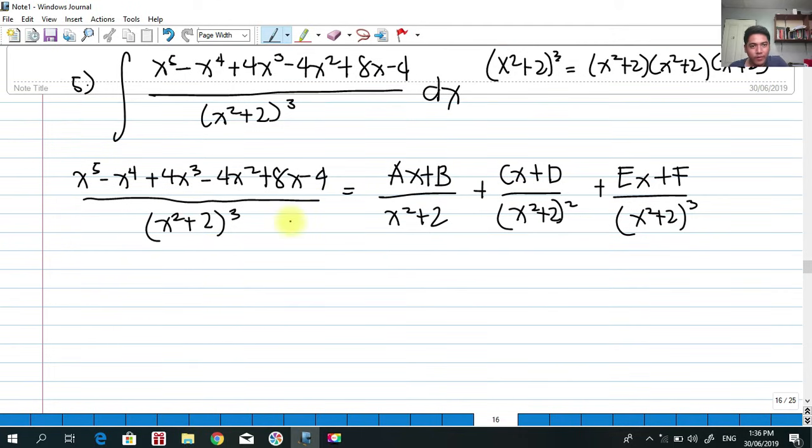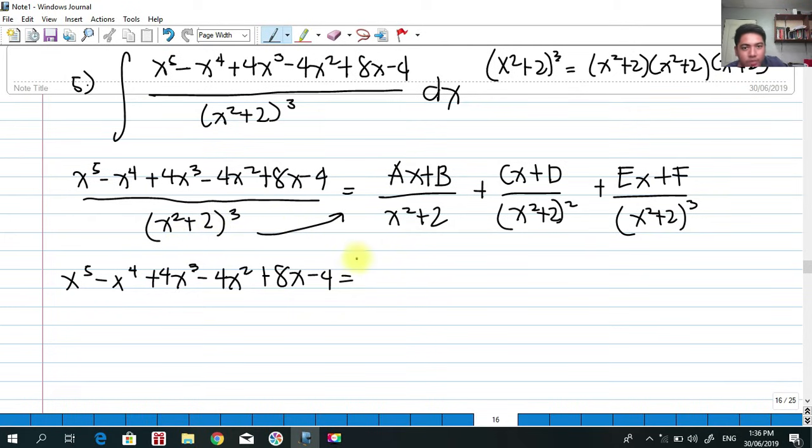So again, if I'm going to multiply this by this, what will happen? Let me just rewrite this term. x squared plus 2 cube over x squared plus 2, so what will happen is ax plus b, simply times x squared plus 2 squared. I hope you get what I'm trying to say.